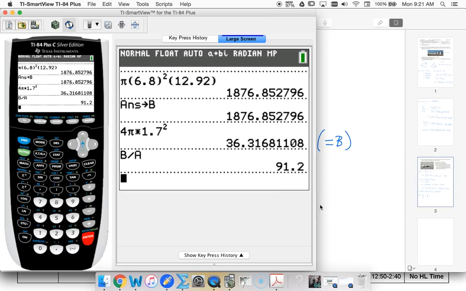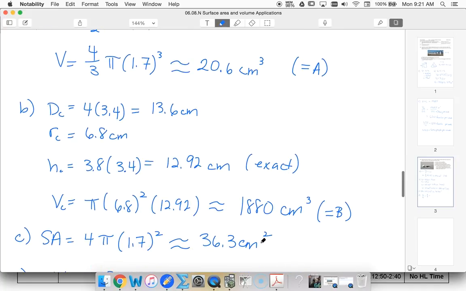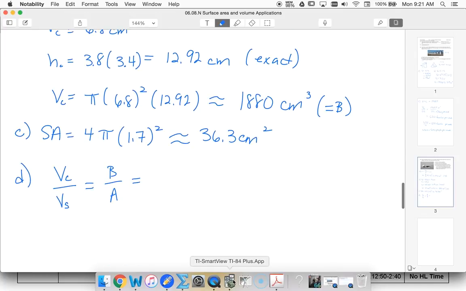That seems like a very high number. But this is a very deep hole with its height being so far down. So I think this is okay.